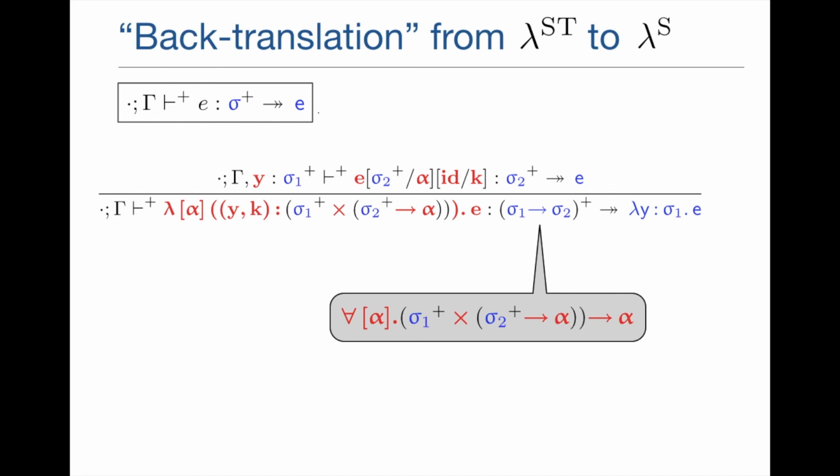So how do they get this sigma 1 to sigma 2 plus type? So that's actually this for all alpha, sigma 1 plus, continuation that takes sigma 2 plus goes to alpha, returns alpha.